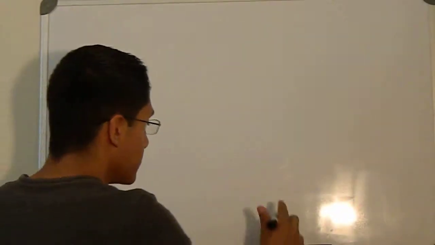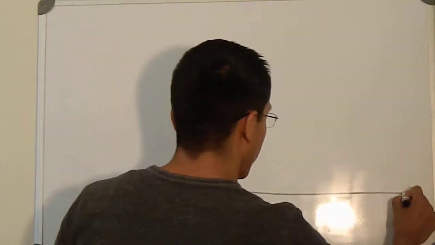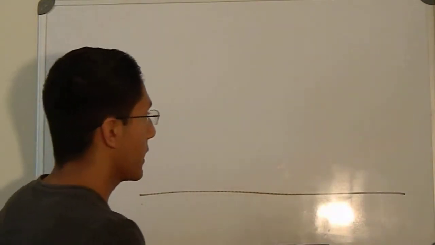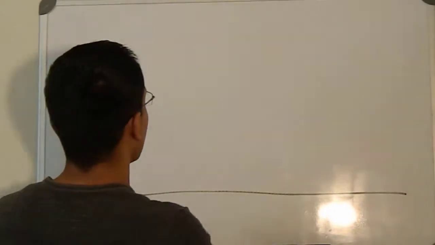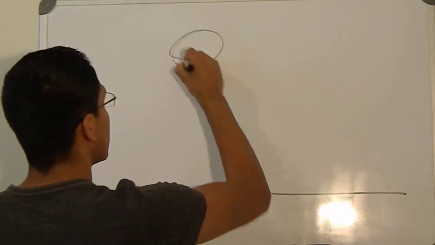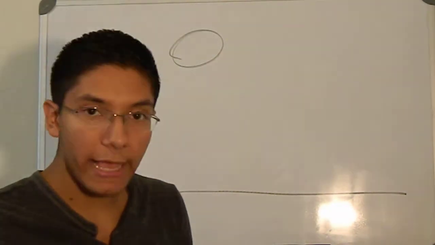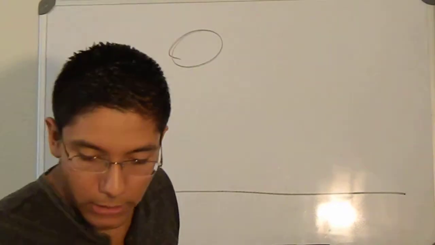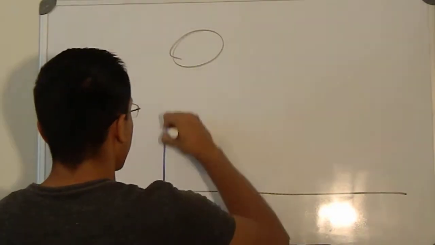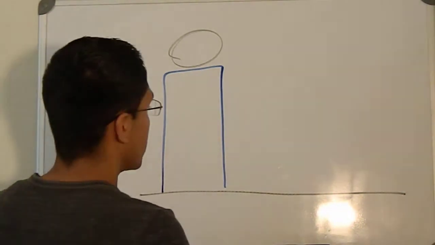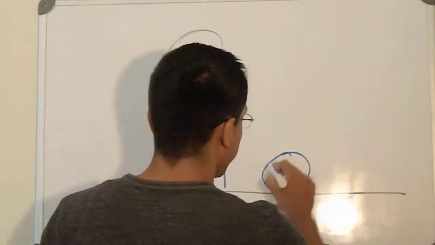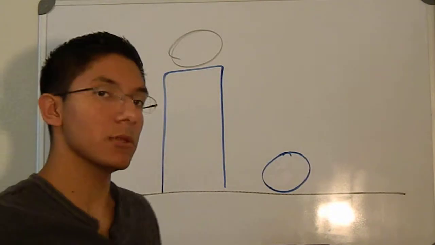Now, let's say this is our reference point, the ground. An object up here, let's draw a ball, will have a higher potential energy. Let's just say it's sitting up there. Higher potential energy than a ball down here.